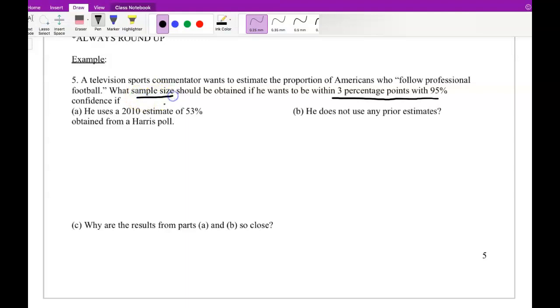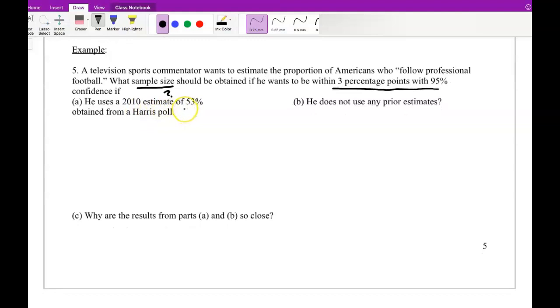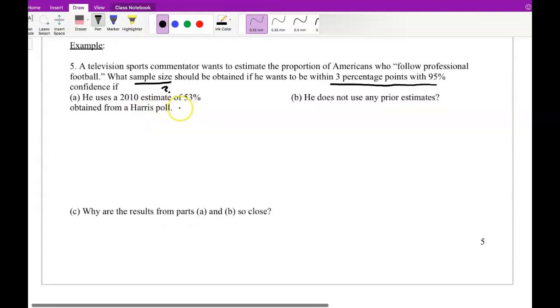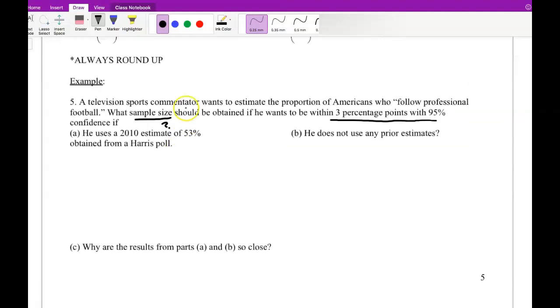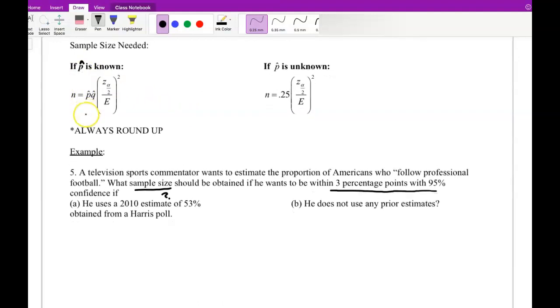So sample size, what is that? Now part A, he uses a 2010 estimate of 53%. What that means, this is a point estimate, so it's p hat. We have p hat, so we can use this one to find sample size.